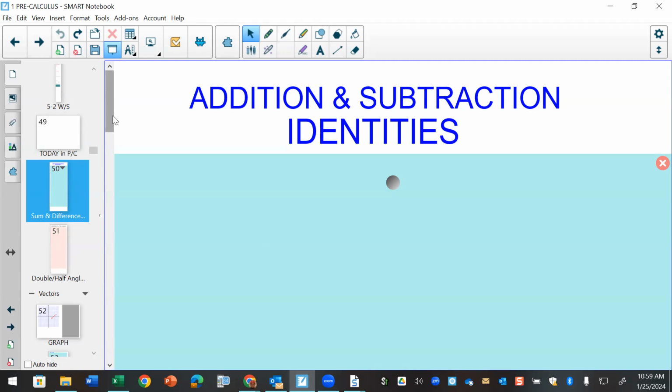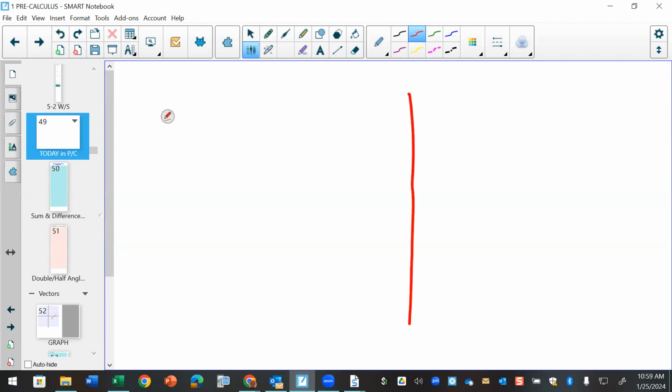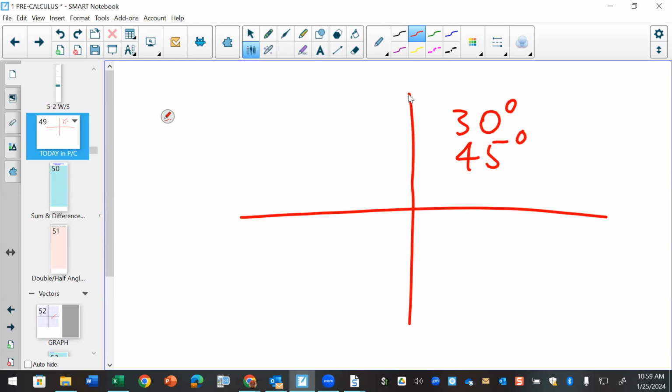Okay, and where does it begin? Let's talk about special angles. Okay, big unit circle. What are the special angles inside the first quadrant? 30, keep going, 45 and 60.